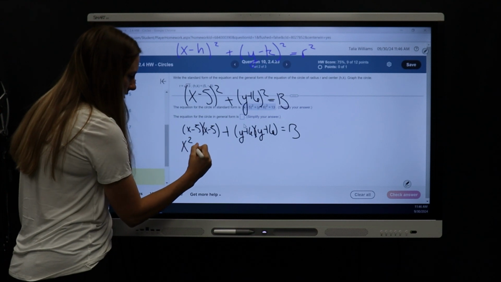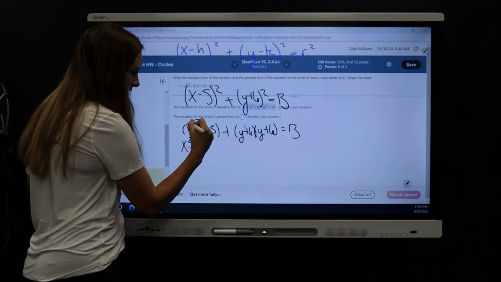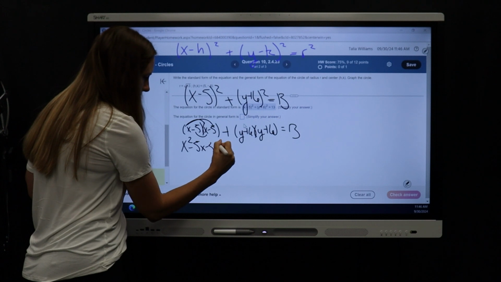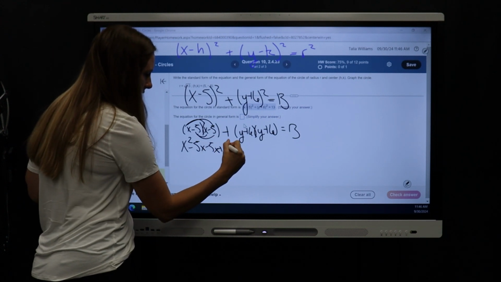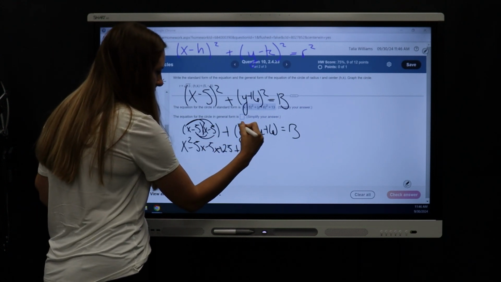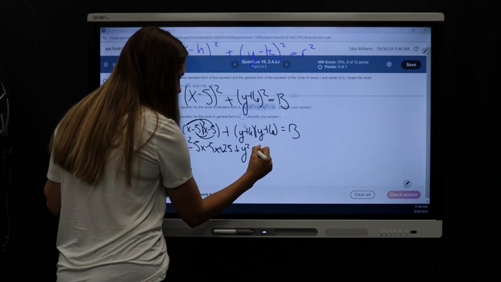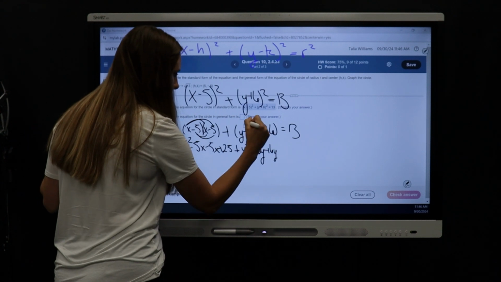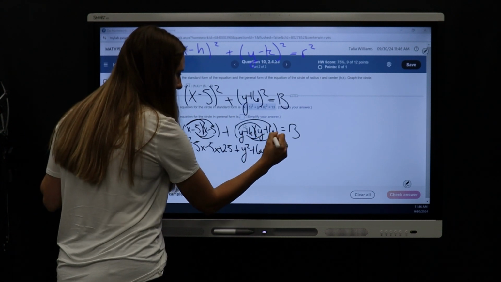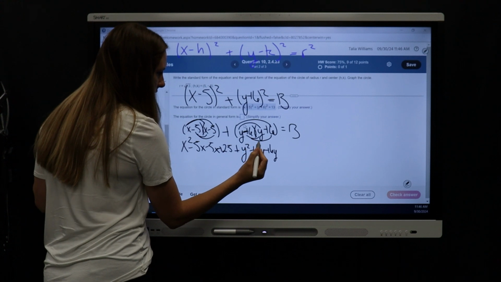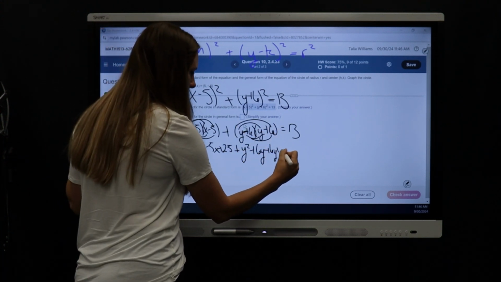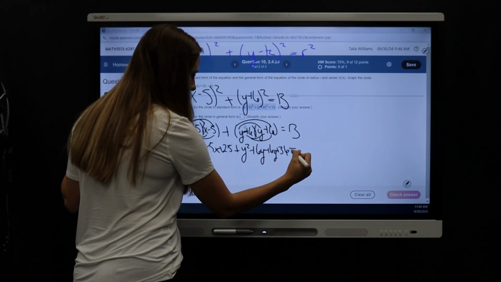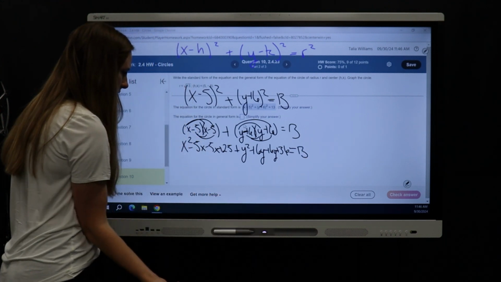So x squared subtract 5x, subtract 5x, negative times negative, plus 25, plus y squared, plus 6y, plus 6y, because remember this is 6, and then 6 times 6 is 36 equals 13.